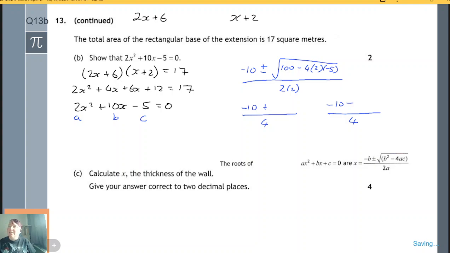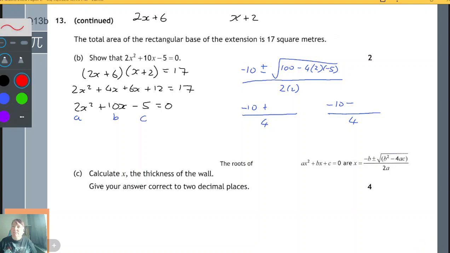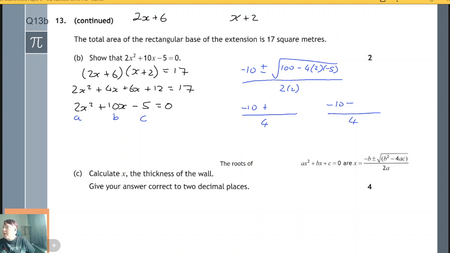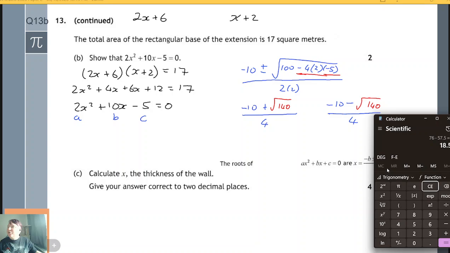We have got minus 10 plus the square root, all over 4, and minus 10 minus the square root, all over 4. And what is our bracket? Right, so we've got minus 4 times minus 5, that's plus 20, times 2, so that's plus 40. So we've got the square root of 140 on both of these. And you're going to just stick these in your calculator. Remember, if you show your working and your calculator comes up with the wrong answer, you'll at least get some of your marks.